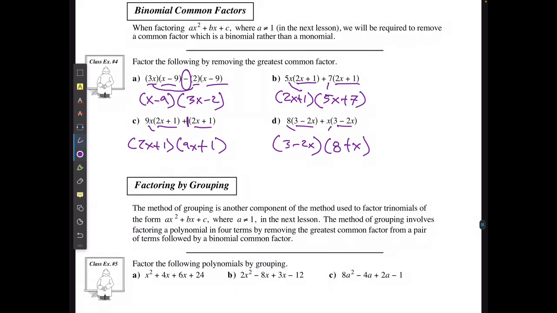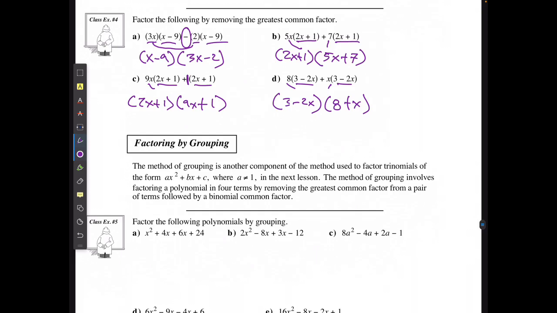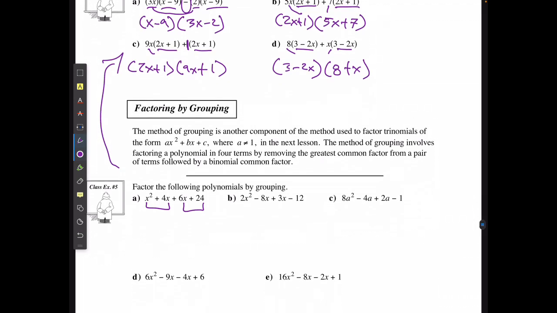When I'm factoring by grouping, all that I'm doing is taking 4 separate terms, grouping the first set and the second set together, or an x squared with an x and an x with a constant, and then pulling out the common factor to make it look like the examples that we just did.